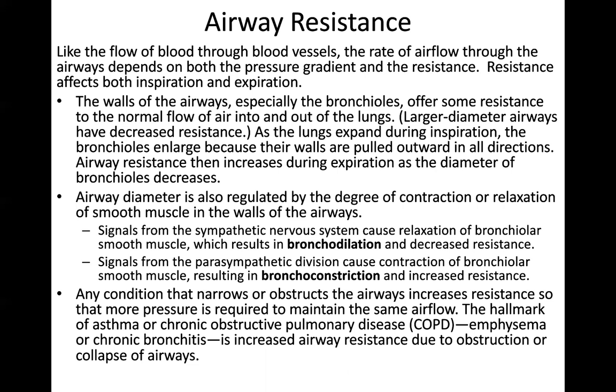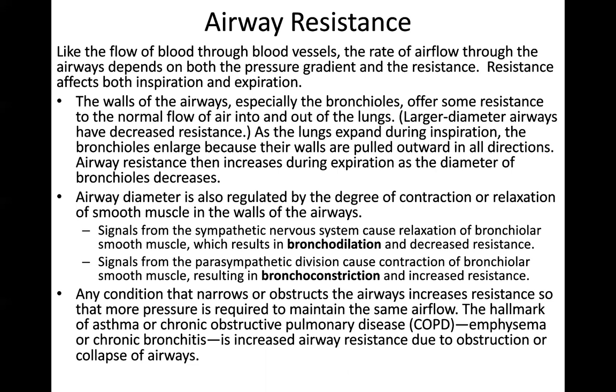Okay. As our lungs expand during inspiration, the bronchioles enlarge because their walls are pulled outward in all directions, which decreases airway resistance. And that is what happens when the diameter of the bronchioles decreases. Okay. Airway diameter is also regulated by the degree of contraction or relaxation of smooth muscles in the walls of the airways.